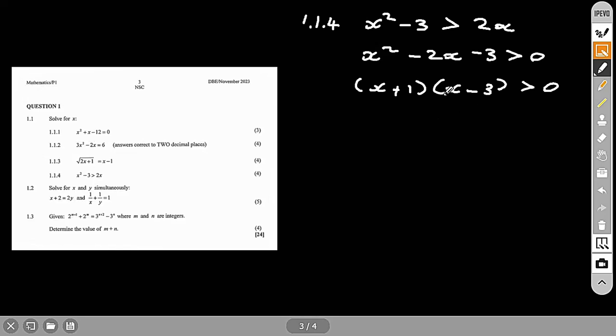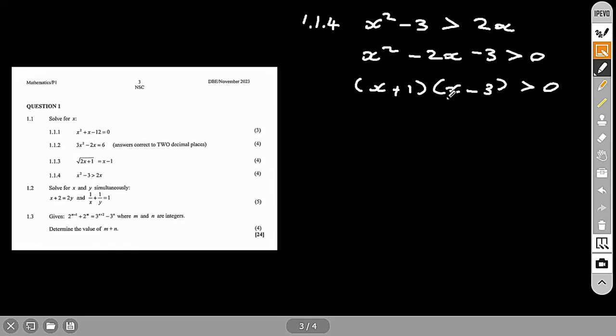You can always confirm if the signs are correct. Let's say for argument's sake you made a mistake and put a negative here and a positive here.